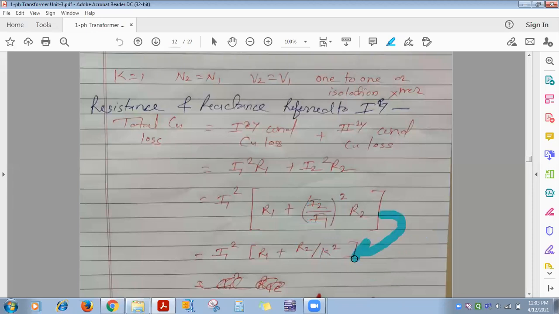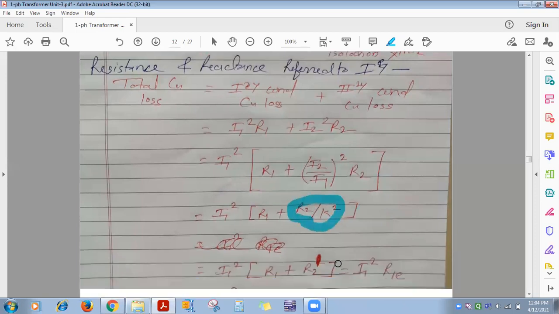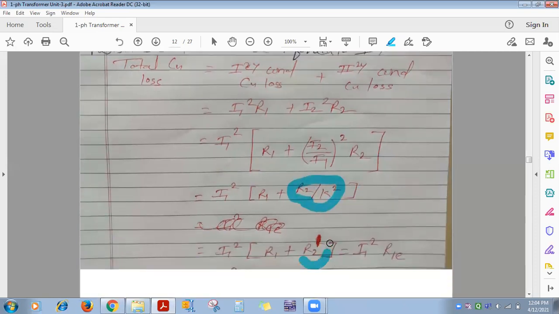So what will its simplification be like this? See, it is simplified. What does it mean? Whenever I want to transfer R2 to primary, because I1 is there, what you have to do is divide it by K square, and that is marked as R2 dash. In the equivalent circuit, you may have seen R2 dash.